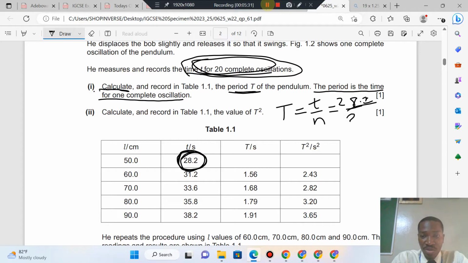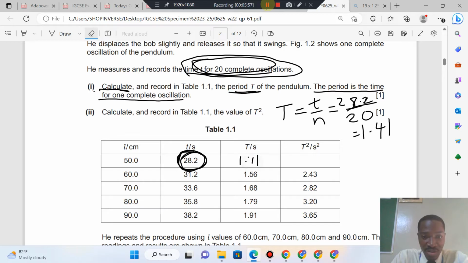So divide it by 20. 28.2 divided by 20 will give us 1.41. That's the period. And the next thing you record is period squared, T squared. So if T is 1.41, what is T squared? Then you do 1.41 squared.